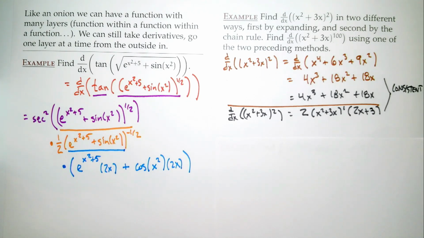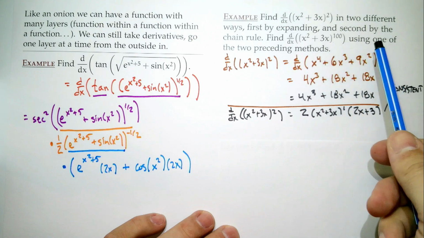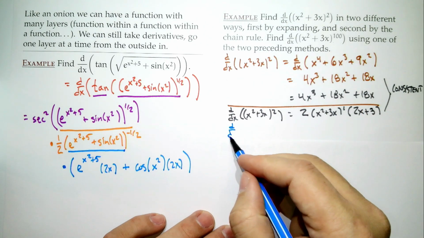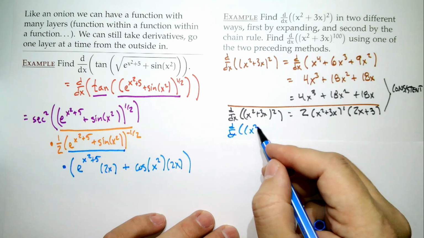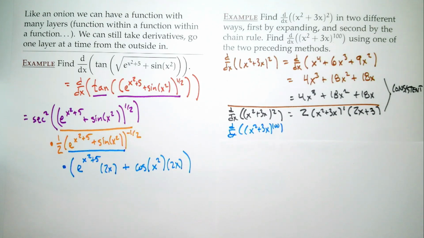Now, what's the point? Both methods right now are about the same level of difficulty. But notice that there's a second part to this question. Find the derivative of (x squared plus 3x) to the 100 using one of the two preceding methods. Now, our two preceding methods, we could expand this out and take up 3 or 4 pages.